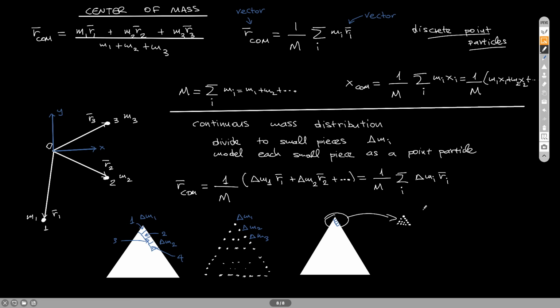I hope you can see that this approximation, this model, is better than the one that I did at the beginning. The smaller the pieces I use to do this calculation, the better it is, because the closer I'm getting to the actual 3D solid object.